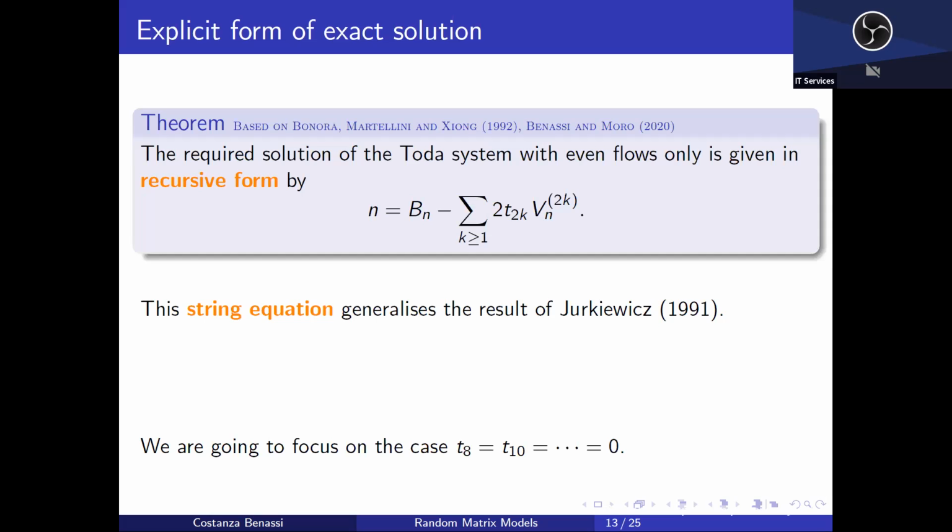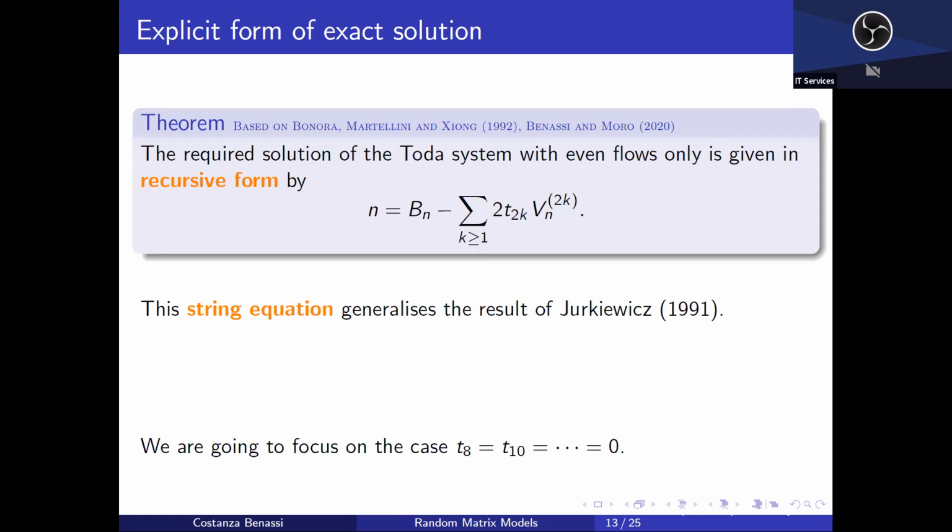And we can say, based on results on the total lattice, so on the case where you have all times, that also in the case where you have only even times, we have actually an explicit solution to this hierarchy with this specific initial condition, which is given by this.